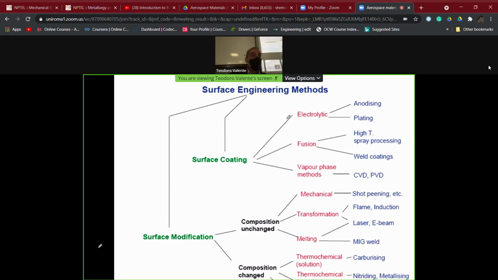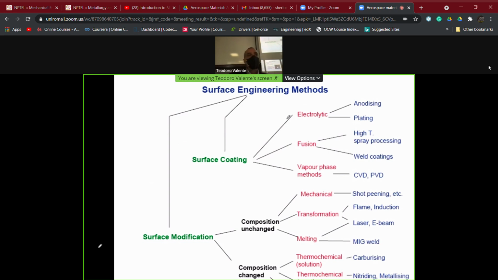Instead, if we are in the surface modification approaches with change in composition, for example, remember the thermochemical treatments which can be used, like carburising, for steels. In that case, we are changing the composition of the surface through diffusion of carbon.